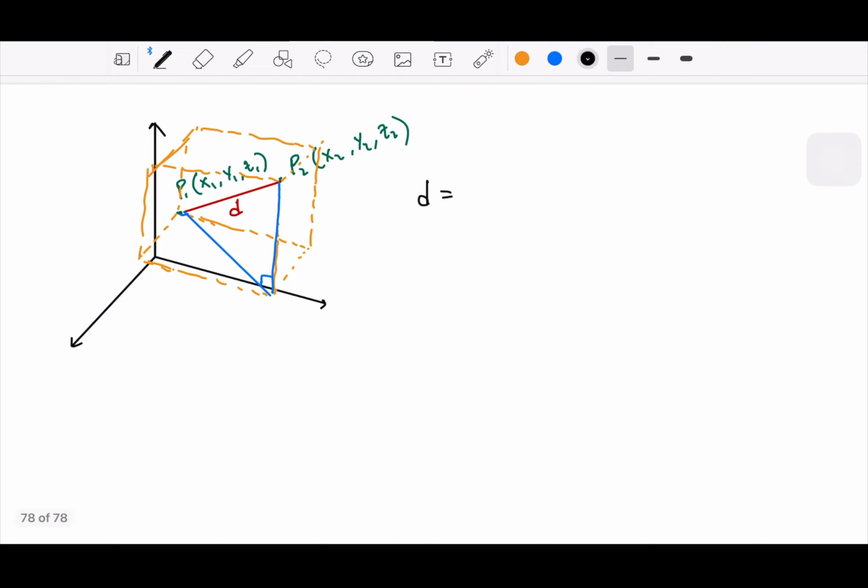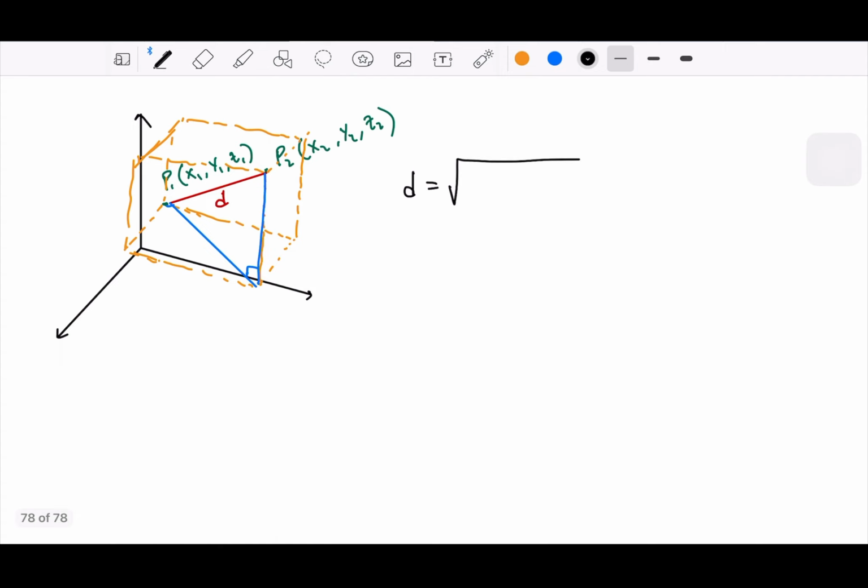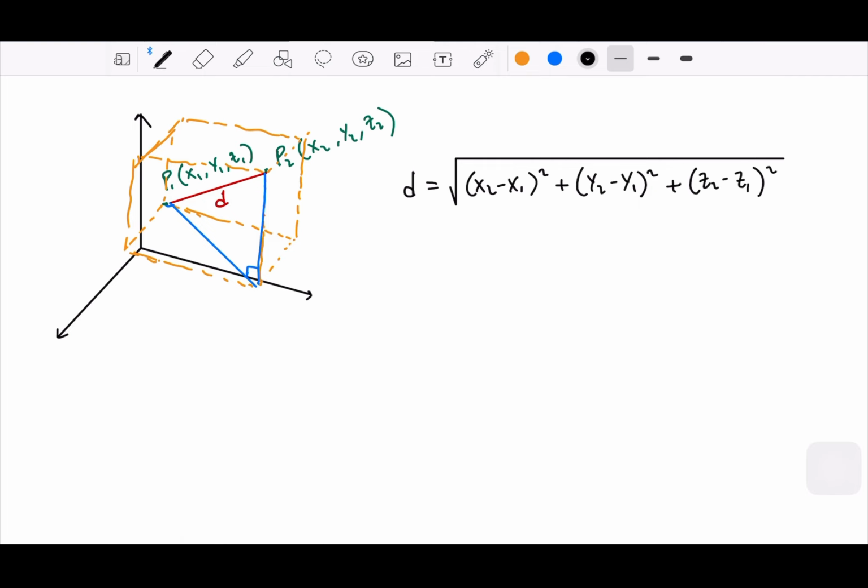I would just directly write that the distance is equal to, looking at the Pythagorean on each of x, y, z, the square root of x2 minus x1 squared plus, and also plus the y and z terms. I don't think we really need to prove this. I think it's obvious.